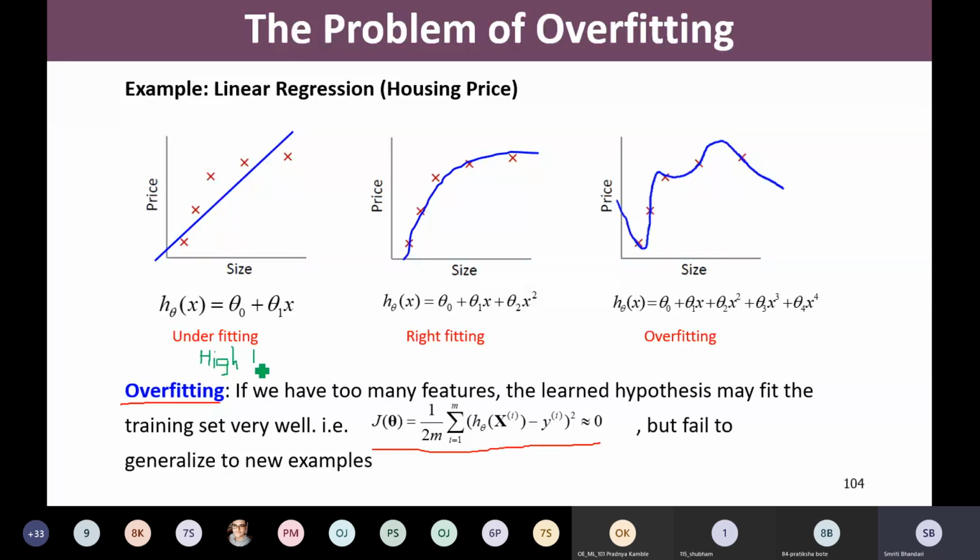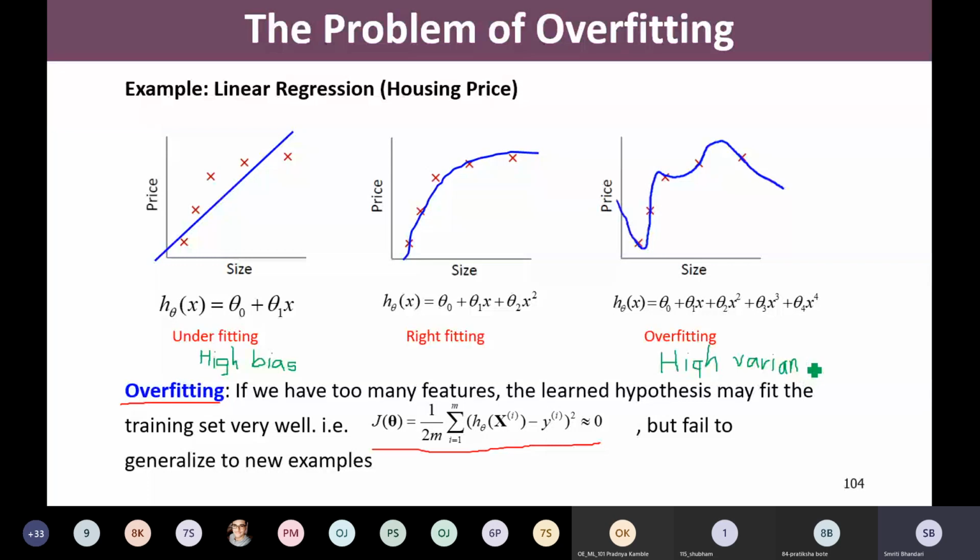When our model is underfitting, we say that it is having high bias, whereas if our model is overfitting, we say that it is having high variance. Right? Now, let me tell you what we mean by variance.